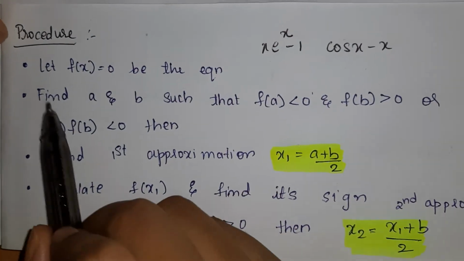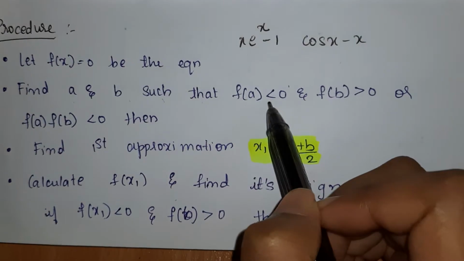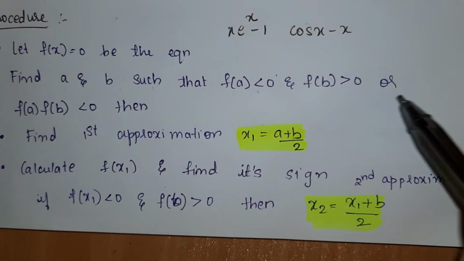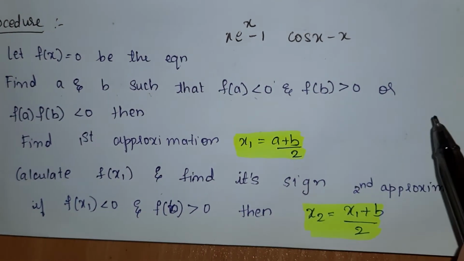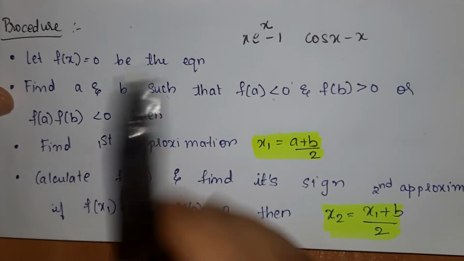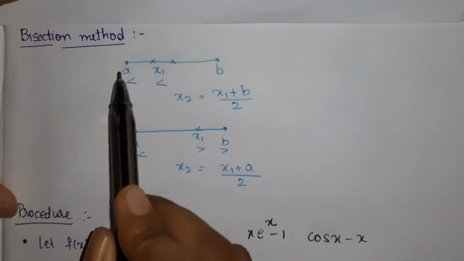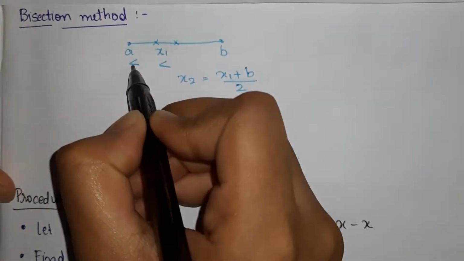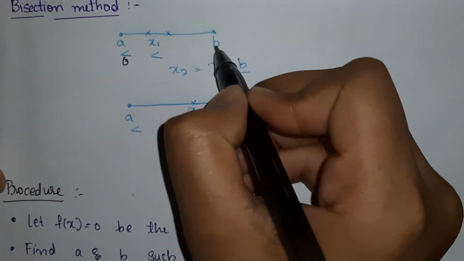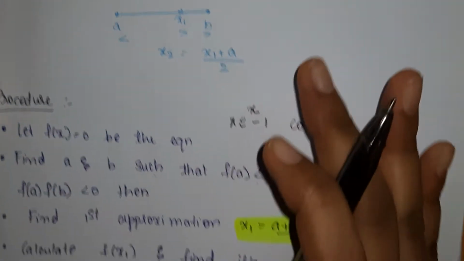Now find a and b such that f of a is less than 0 and f of b is greater than 0, or f of a times f of b is less than 0. Here f of a should be less than 0 and f of b should be greater than 0. In such a way that we have to find a and b.